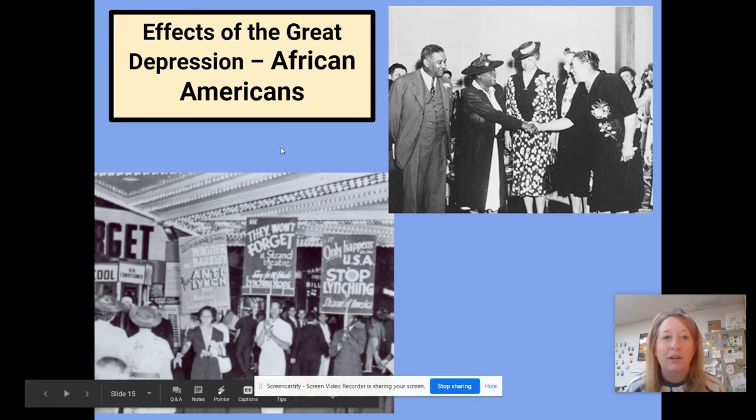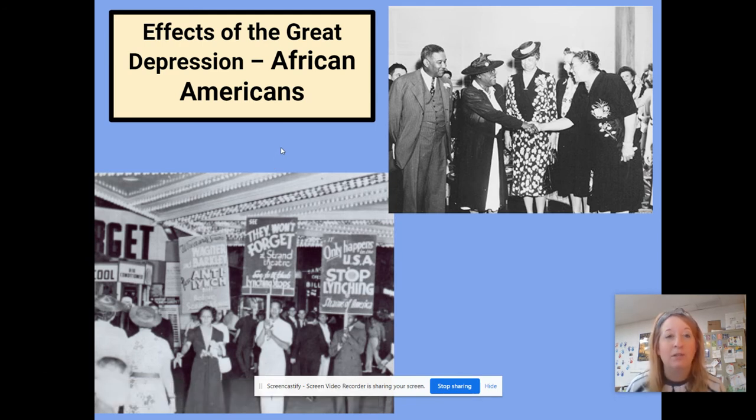African Americans see the same trends. There are some great strides made, but civil rights and full equality is not something that the New Deal addresses during this time period. Approximately 18% of WPA jobs, or Works Progress Administration jobs, were held by African Americans, and FDR did appoint some African Americans to various New Deal programs to help him run them.